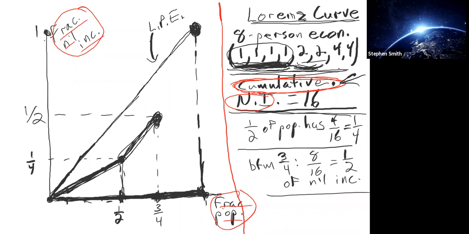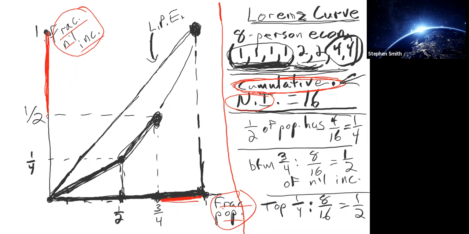So what we have left to think about is this top 1/4 of our population. And we know that the top 1/4 has 8 out of the 16 national income dollars, or in other words, 1/2. And fortunately, yes, we did it right. That adds up because indeed, our last quarter does have 1/2 of national income.